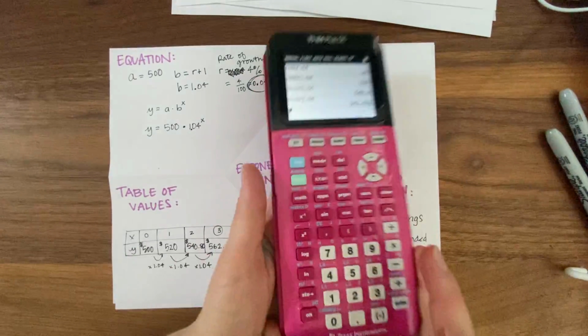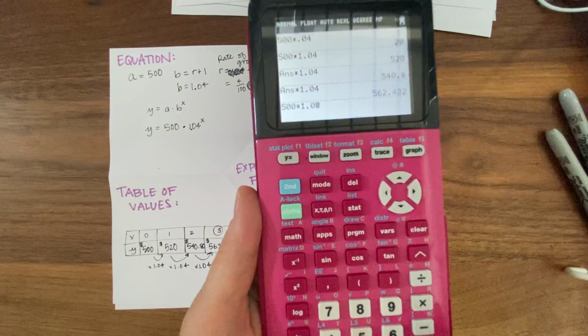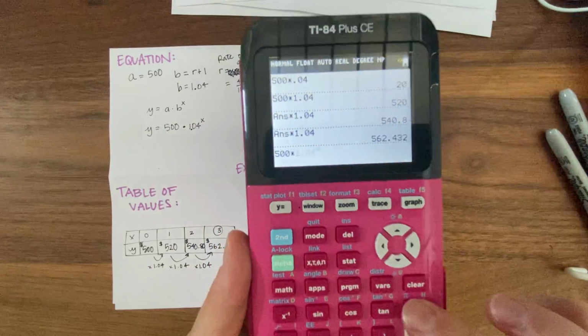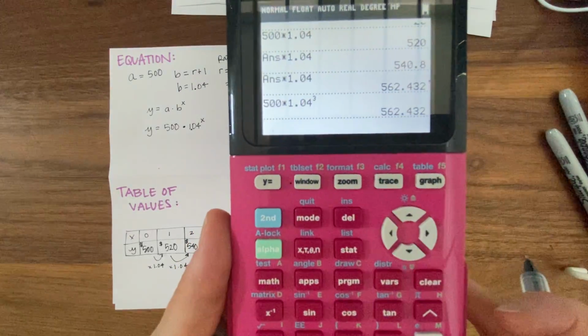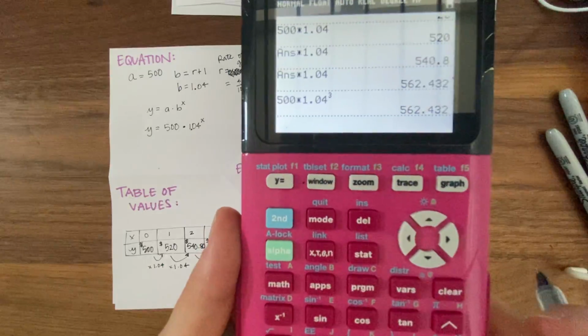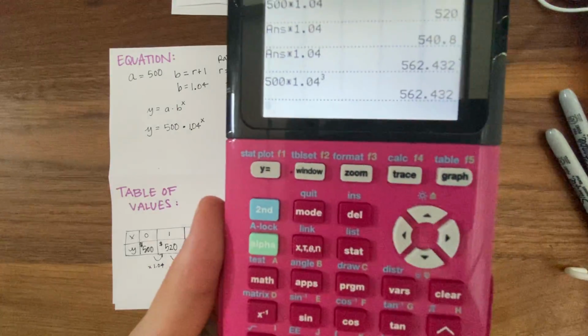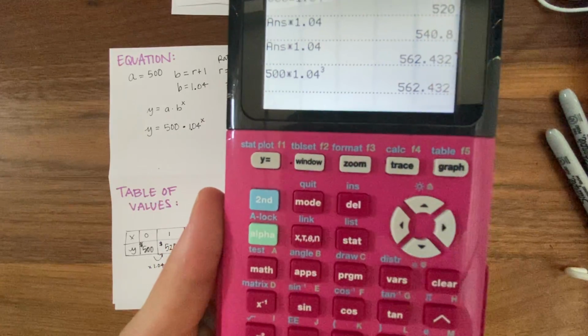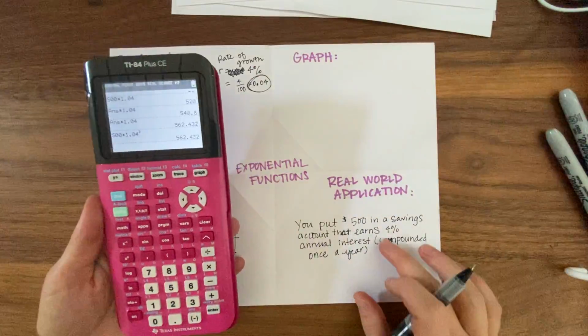So I could also say 500 times 1.04 to the 3rd power because I've multiplied it 3 times and I'll get the exact same result. See that? That's the beauty of using an equation, is that we don't have to go to the length of continuing to multiply.